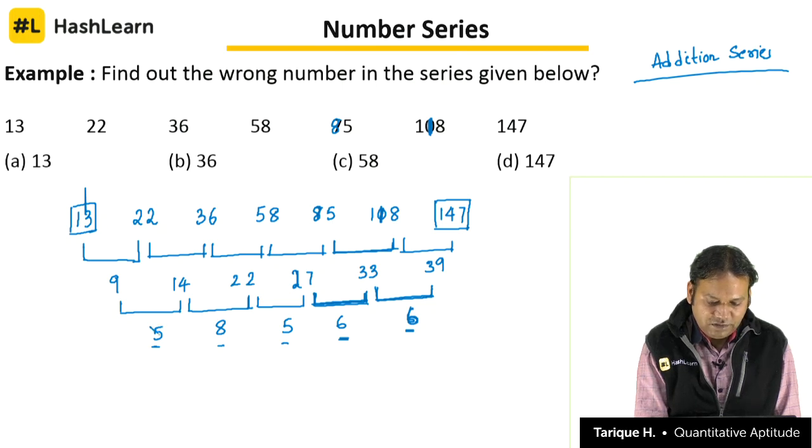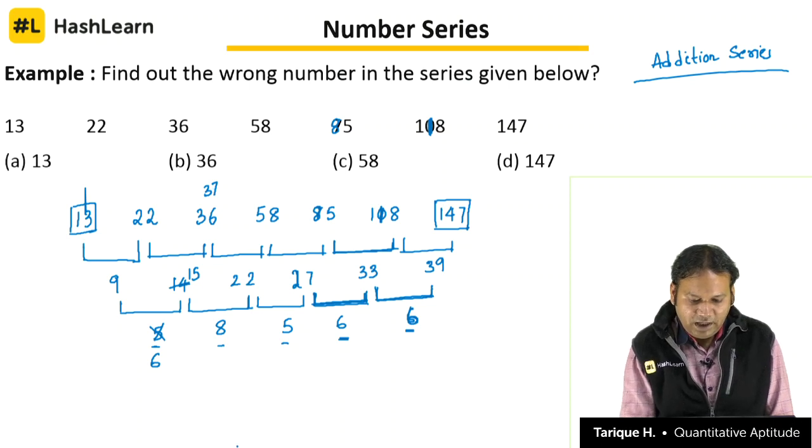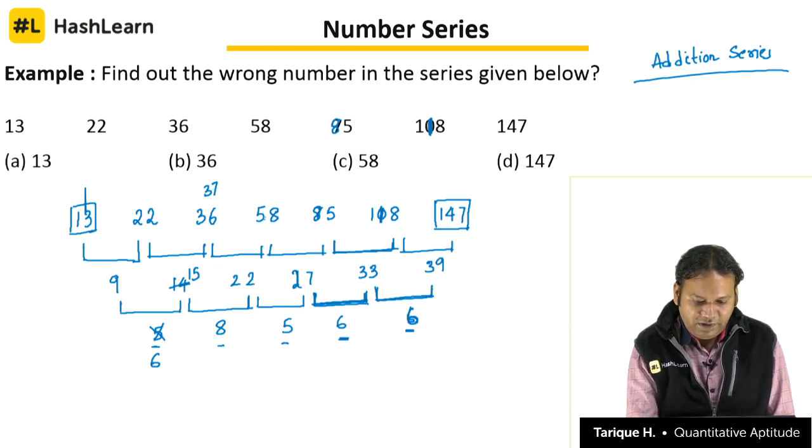So if I say that instead of 5 the difference is 6, and instead of 14 this number is 15, correct. Then 13 plus 9 is 22, 22 plus 15 will become 37. So this is one possibility, and 37 and 58 difference will then become 21, and 15 and 21 then this will also become 6, and 21 and 27 is 6.